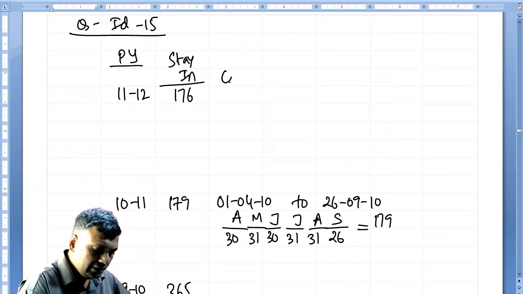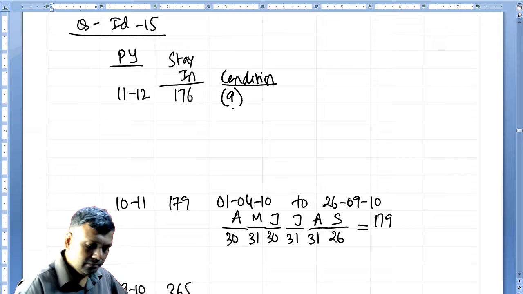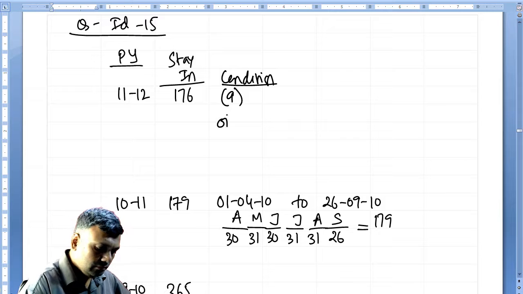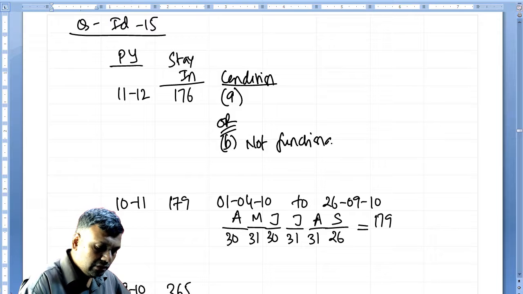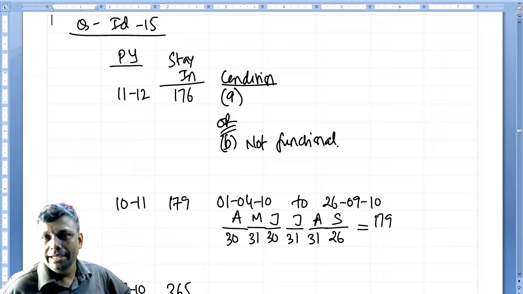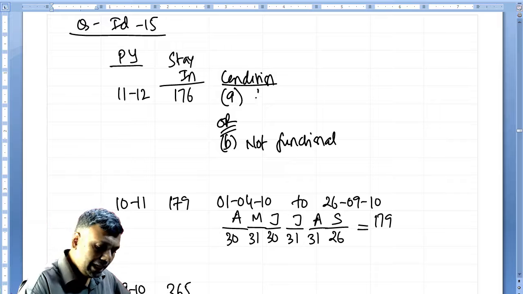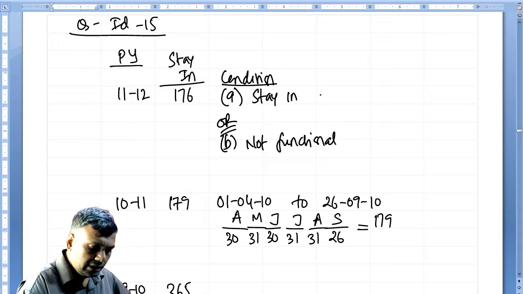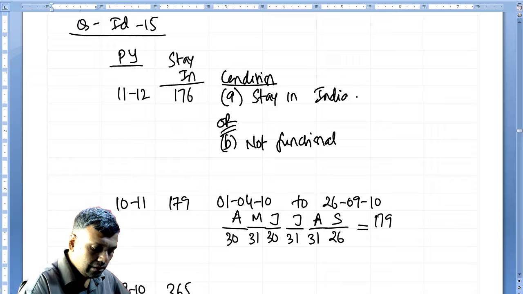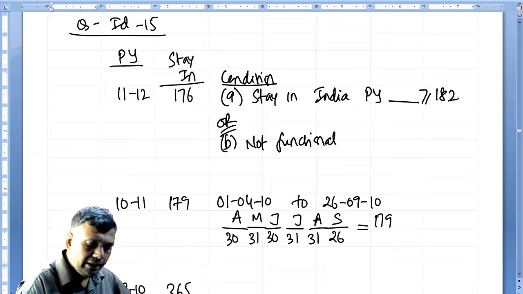Okay. Condition A or B. But B is not functional. I'm not writing that condition in detail because I've already discussed that not-functional concept very well with you in my previous class. And condition A: stay in India during the previous year should be greater than or equal to 182 days.